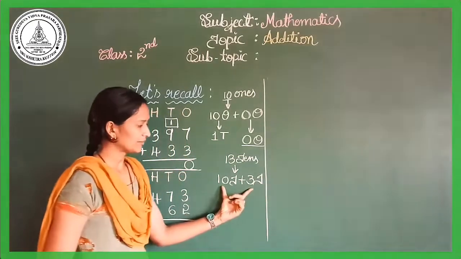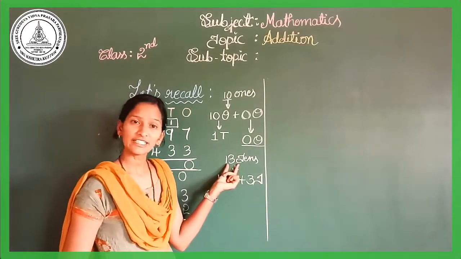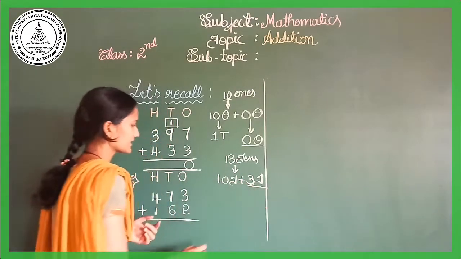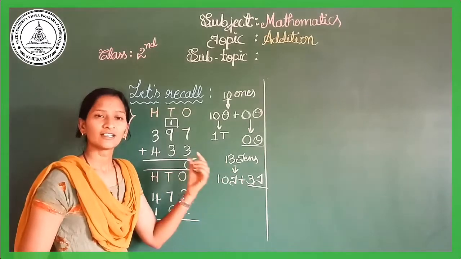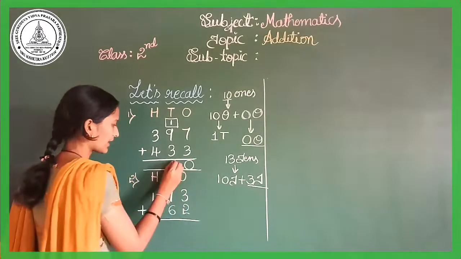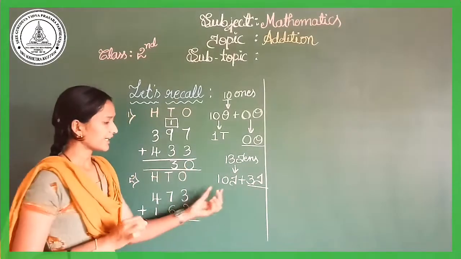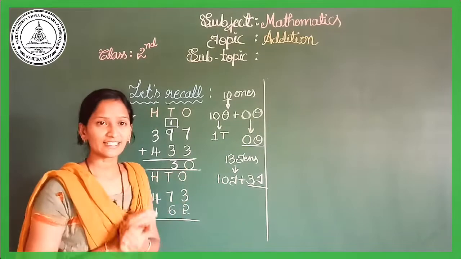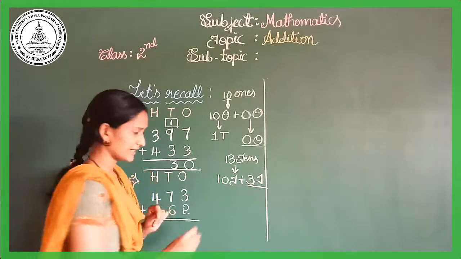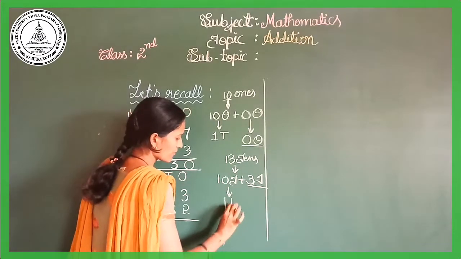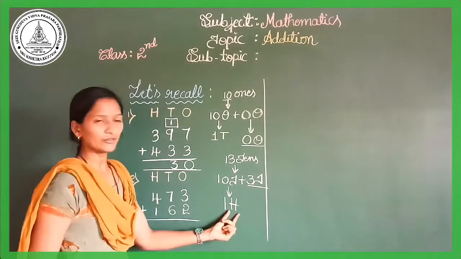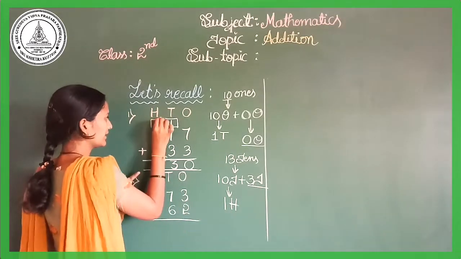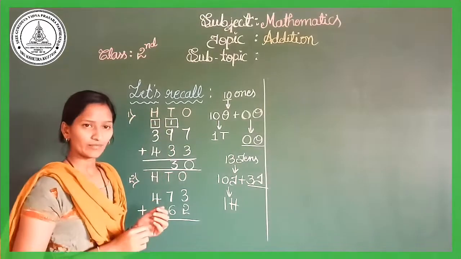See, 10 plus 3 is again 13 tens. Yes. So write this 3 tens. It is a single digit in the tens column, so I am writing 3 here. The next, 10 tens. Already you know that 10 tens is nothing but 100. So instead of 10 tens, I am writing 100 in the hundreds column.